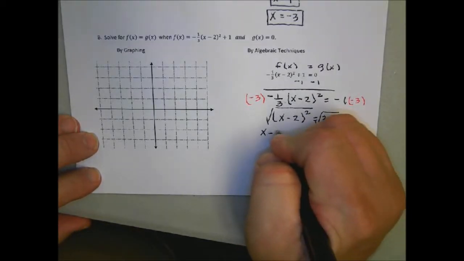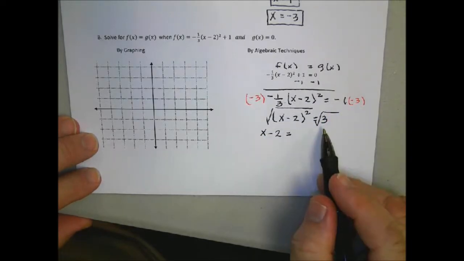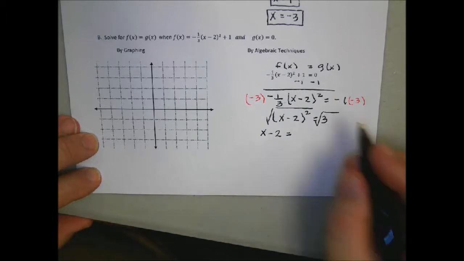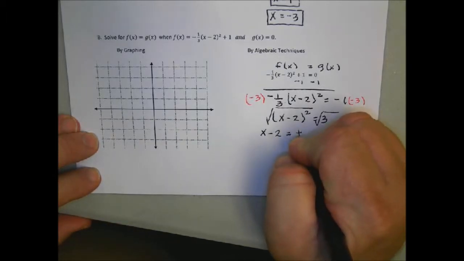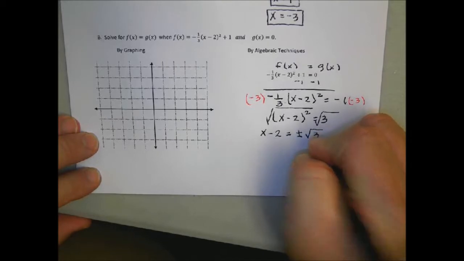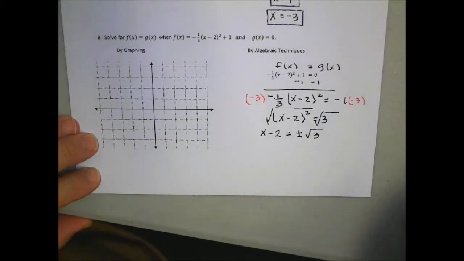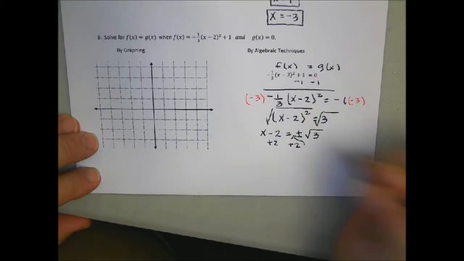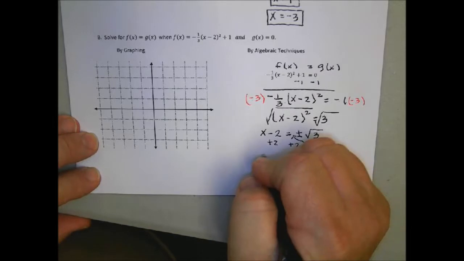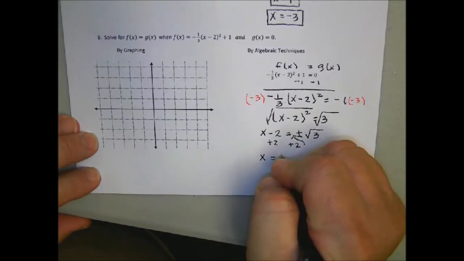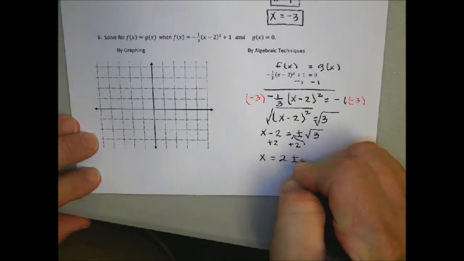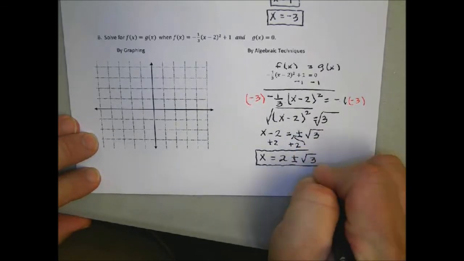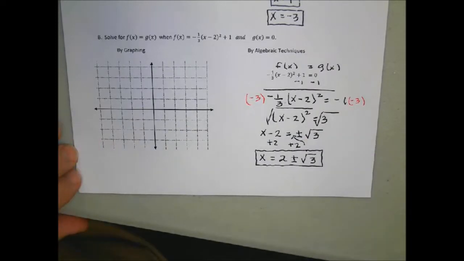On the left-hand side, x minus 2 equals, on the right-hand side, the square root of 3 is not a nice, clean, whole number, so we're going to call it plus and minus square root 3 for a couple of seconds. Last thing I need to do is add 2, and it goes right there. So x equals 2 plus and minus square root 3, and that would be a perfectly fine answer from an algebraic viewpoint.